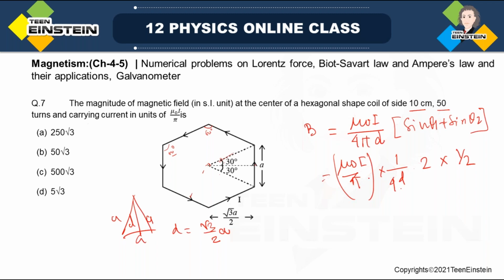This is the height. So if you put it here, mu 0 I by pi we keep as it is, and the 2 into half makes it 1, so you get finally 1 by 4 d.